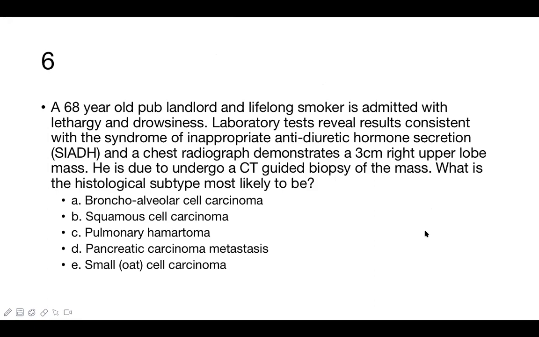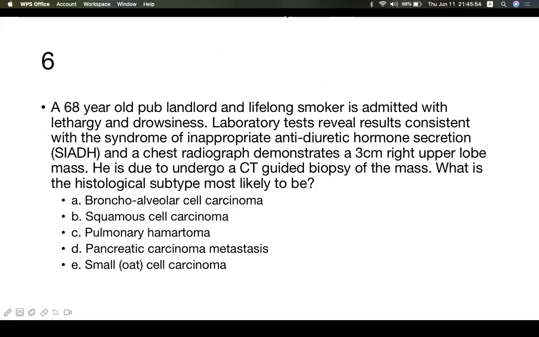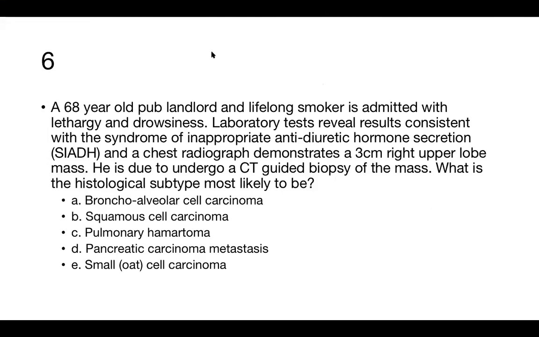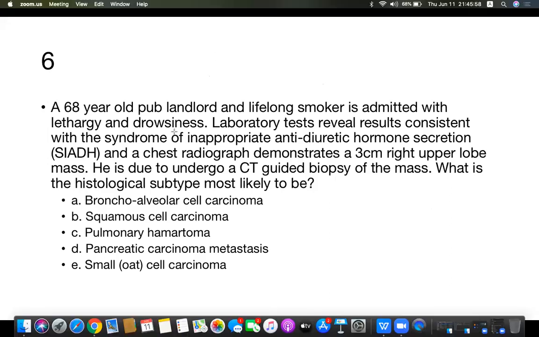You are right, actually. This is the correct diagnosis. So let me explain this. This type of cases are not that difficult for you if you know certain points. So here is a 60-year-old pub landlord and lifelong smoker.